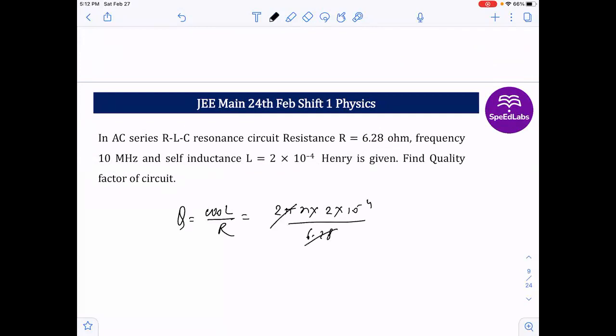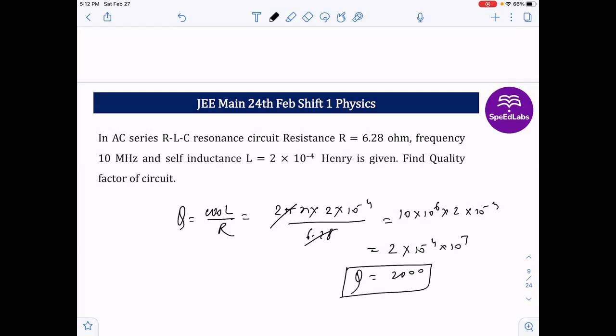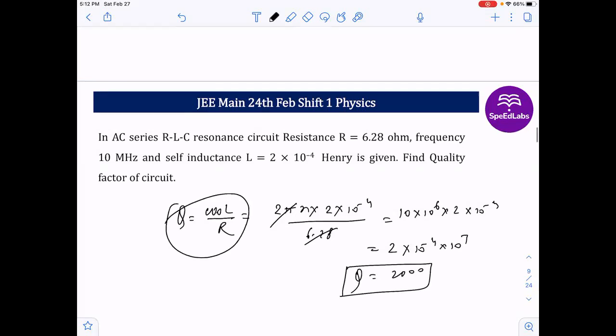You know it very well that 2 pi is also 6.28, so you can cancel it. The frequency is 10 megahertz. So 10 into 10 to the power 6 into 2 into 10 to the power minus 4 gives 2 into 10 to the power minus 4 into 10 to the power 7, which is 2000. The quality factor of this circuit is 2000. It depends upon omega naught.